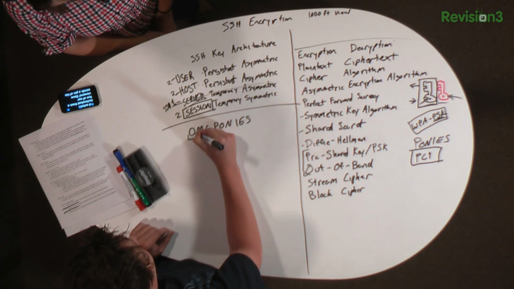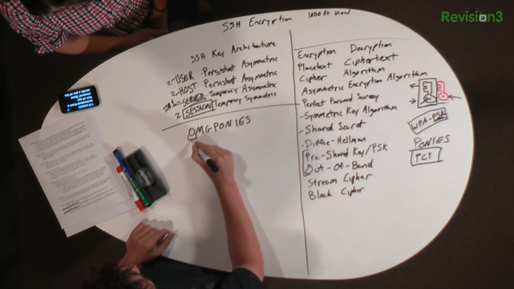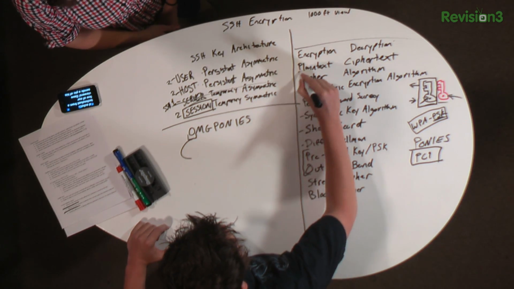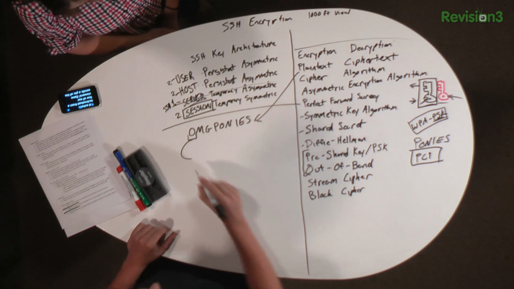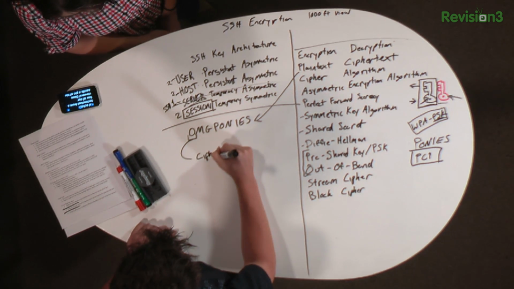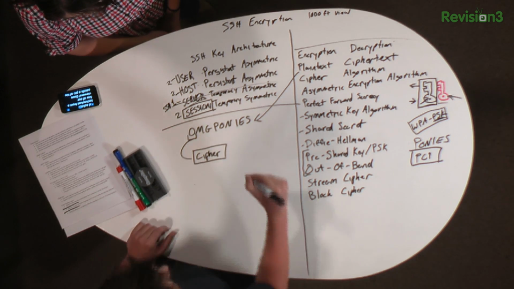And so the way that this works is that with a stream cipher, we're going to take the first bit. In this case, it's an O. And so this right here, this OMG ponies, is our plaintext. We're going to send this to our cipher, which, as we know, is basically just our encryption algorithm.